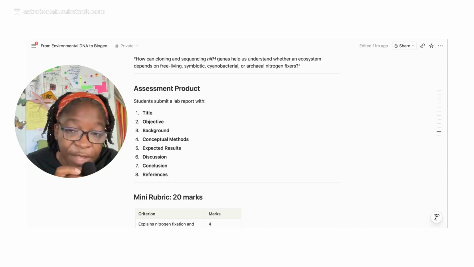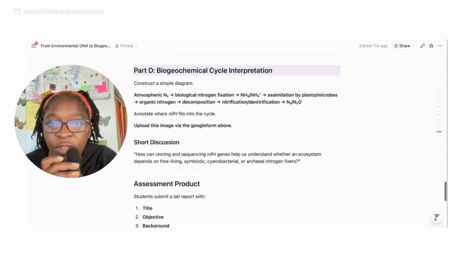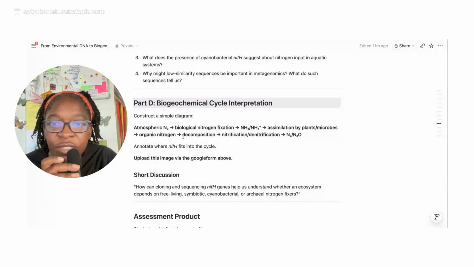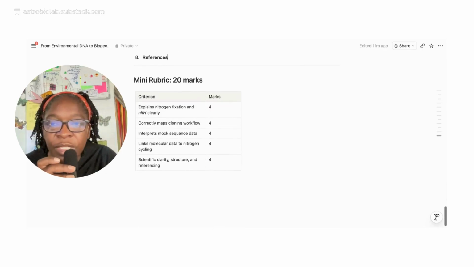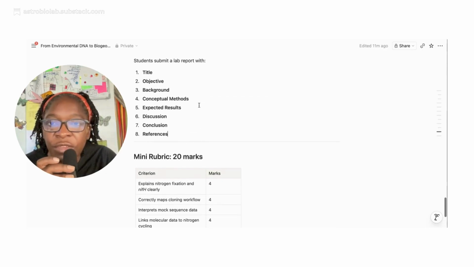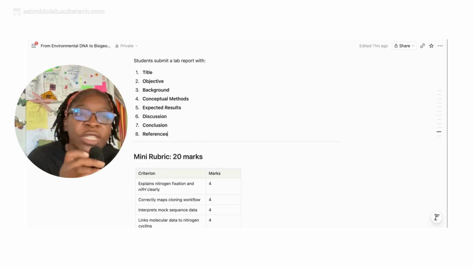In this case, it was nifH. Even determining which gene to actually target. So when you look at the whole cycle, if this wasn't nitrogen fixation, if it was sulfur cycling, which part would you target? And this question allows you to do that thinking. So after you've done all that, it should be very easy to put this together, and that would explain how we'd actually do it in the lab.